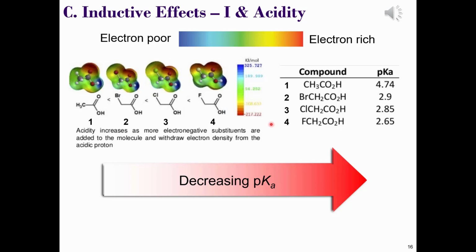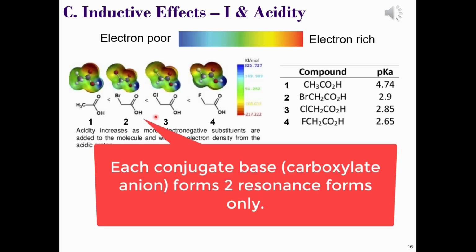They are 3 bonds distance from the acidic proton. Each carboxylic acid forms a conjugate base, that's the carboxylate anion, with the same number of resonance forms, that's 2 for each molecule. So it's not possible to rationalize this increased acidity based on resonance arguments.